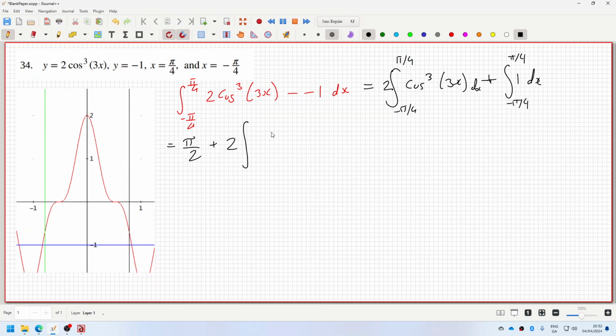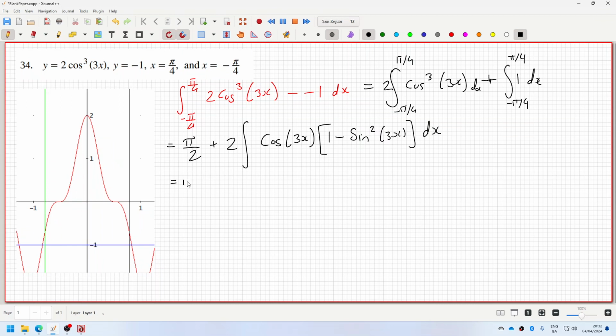And then let's replace the cos cubed with cos 3x times cos squared 3x. And cos squared 3x is 1 minus sine squared 3x.